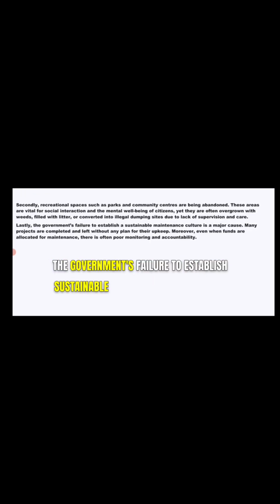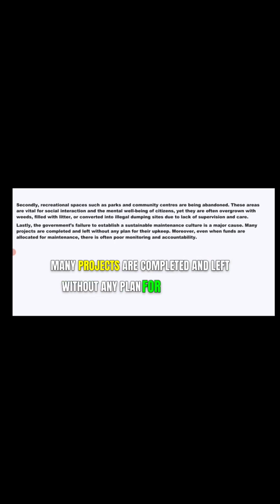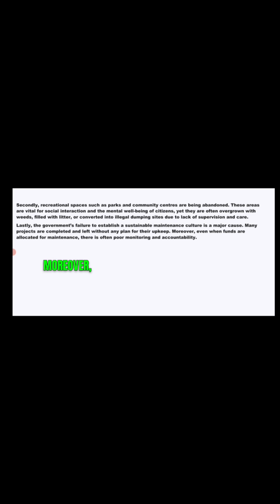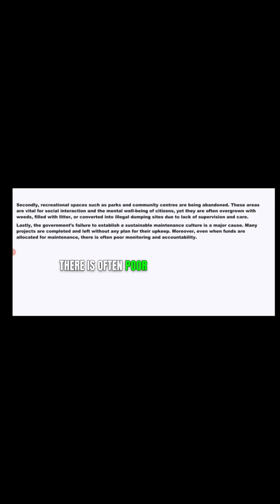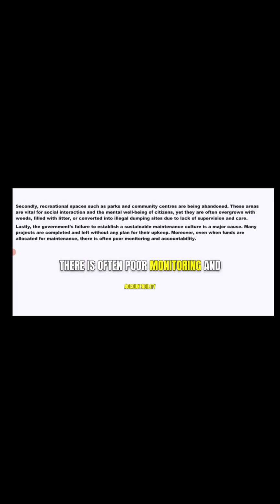Lastly, the government's failure to establish a sustainable maintenance culture is a major cause. Many projects are completed and left without any plan for their upkeep. Moreover, even when funds are allocated for maintenance, there is often poor monitoring and accountability.